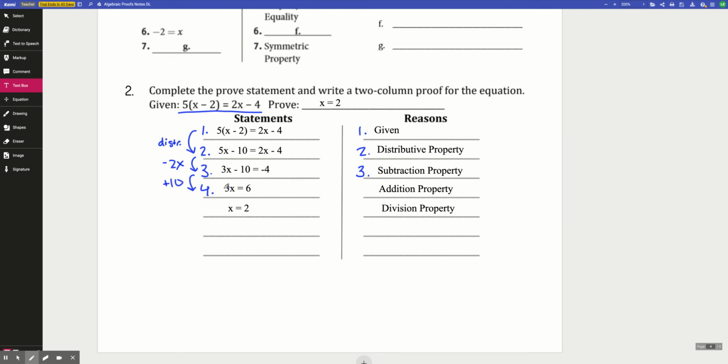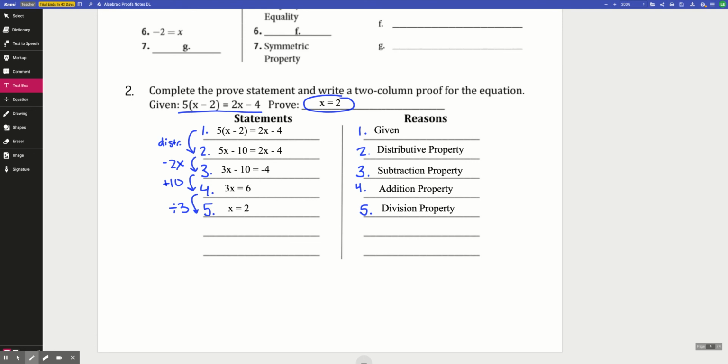Since I added the same number to both sides, the reason was the addition property. And then my very last step, in order to go from step 4 to step 5, I divided by 3 on both sides. So the reason for step 5 is the division property, because that's how I got there. And then my proof statement now is exactly whatever my last statement is, which is x equals 2.